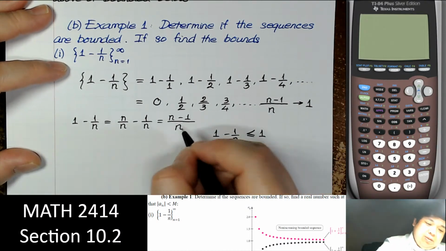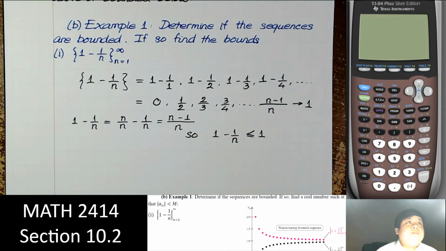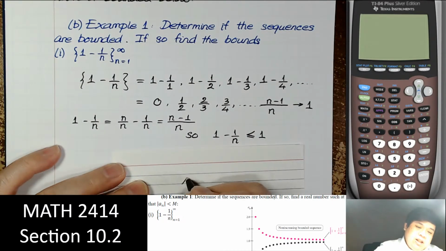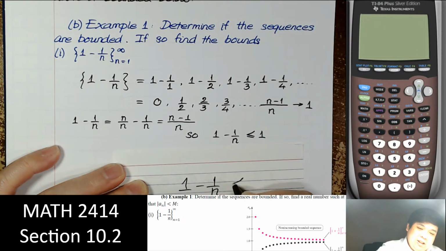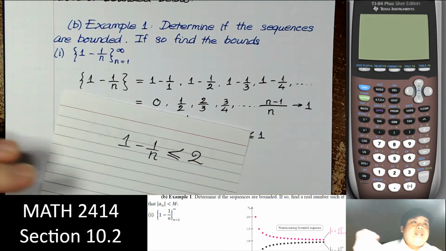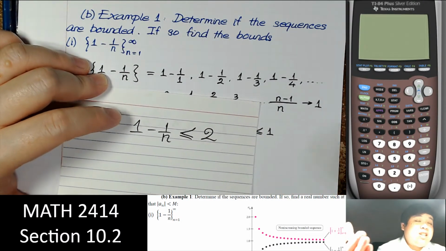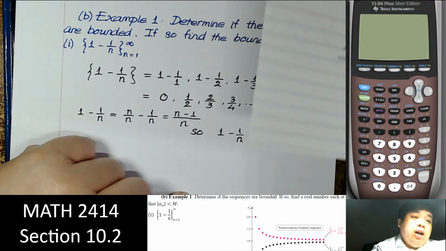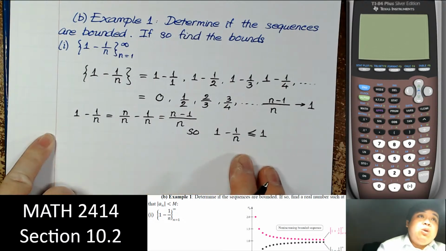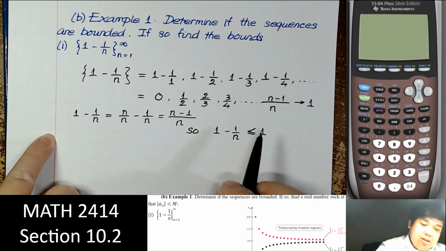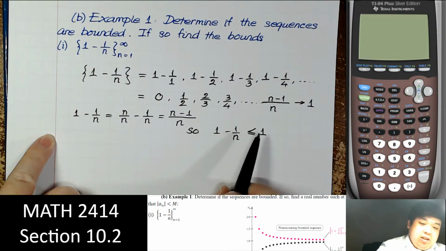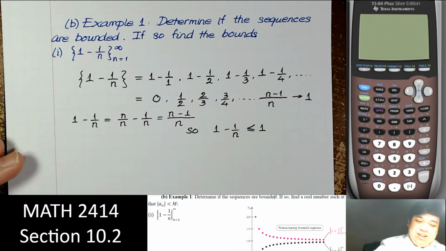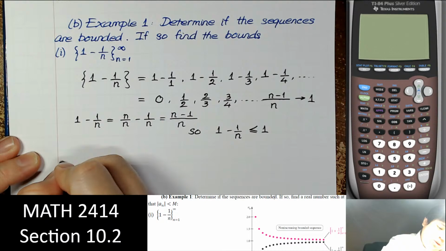So 1 is the bound. By the way, if it's less than or equal to 1, then obviously it's also less than or equal to 2, right? So 2 is also a bound. The sequence is bounded. One of the bounds is 1.